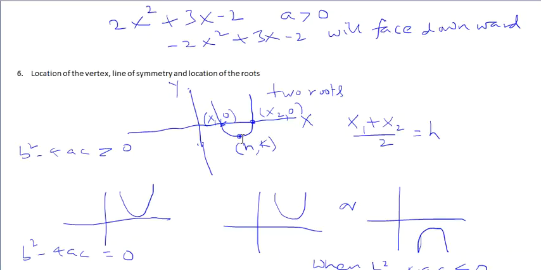The h, which is the x coordinate of the vertex, falls exactly in the middle of those two roots. So if I take x1 plus x2 over 2, that will be equal to h. And if you plug the value of h into your quadratic equation, let's say 2x squared plus 3x minus 2, you would get the value of k, the y coordinate of the vertex.